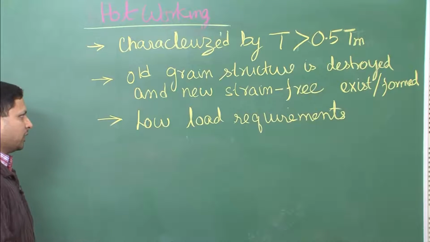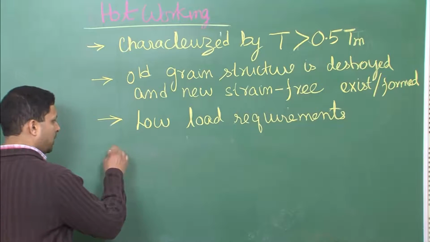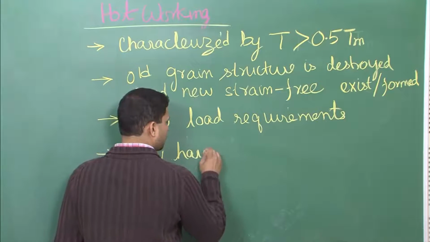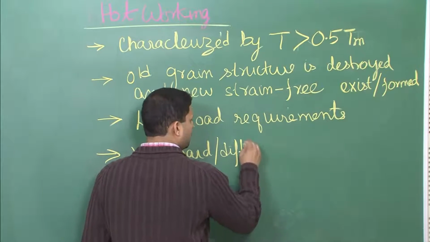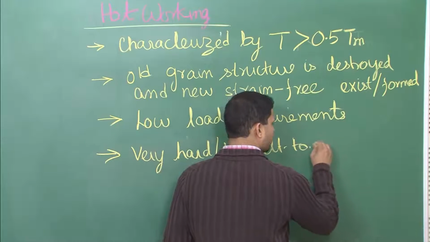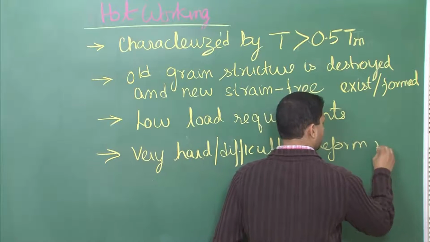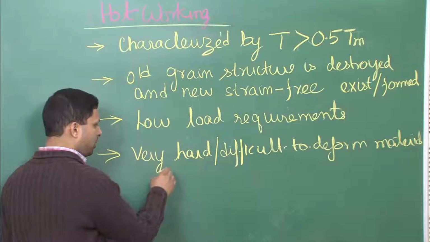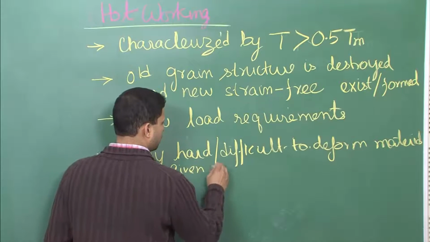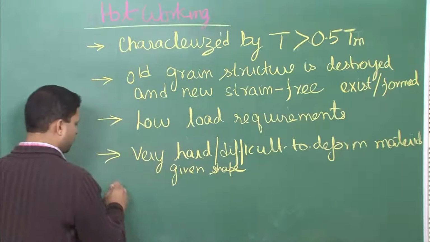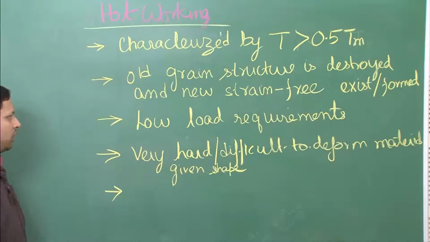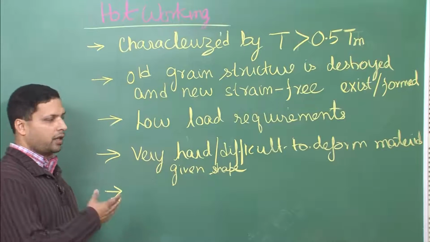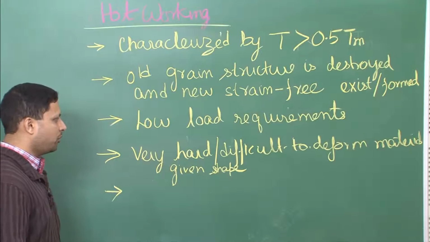This fact that the requirement of the load is lower implies that very hard or difficult to deform materials can also be formed, given shape, using hot working. That is possible only because our load requirements are much lower at higher temperature, and the temperature we are looking at is above 0.5 Tm.